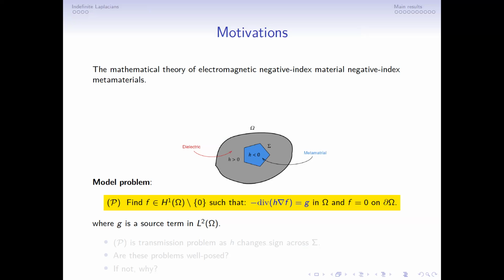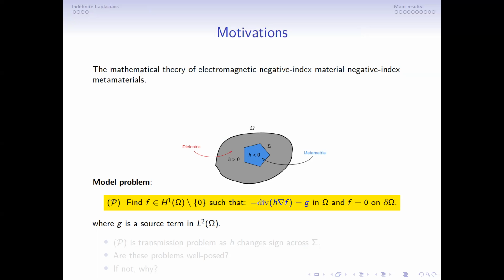Okay, and in fact the problem, for people who are doing numerics in this subject, the question is, we ask for solvability of the following problem. So we ask whether there exists a function f in H1 that satisfies this equation with f vanishing on the boundary of omega, and here g is just a source term, let's say in L2 or in H minus 1.